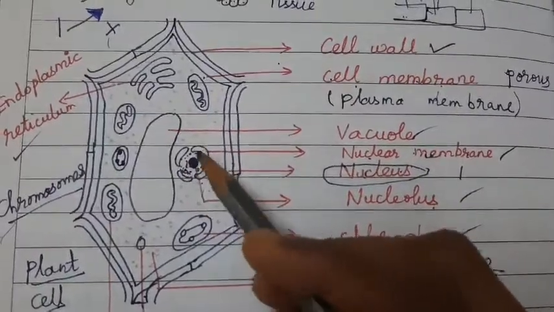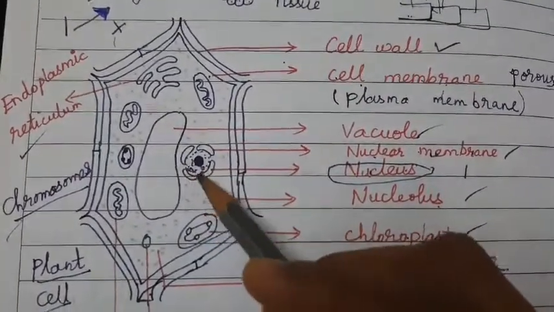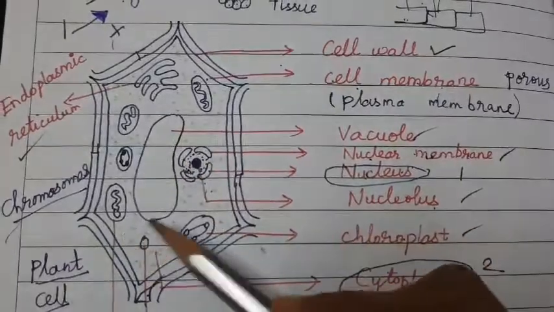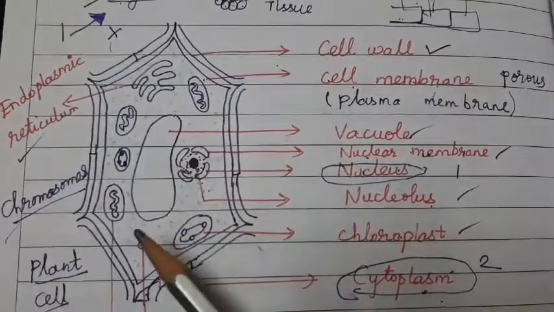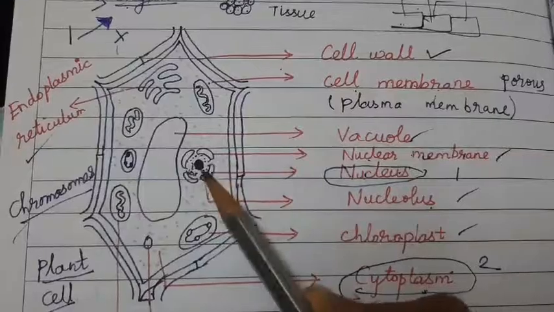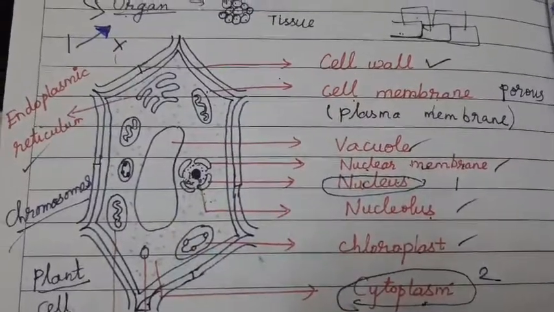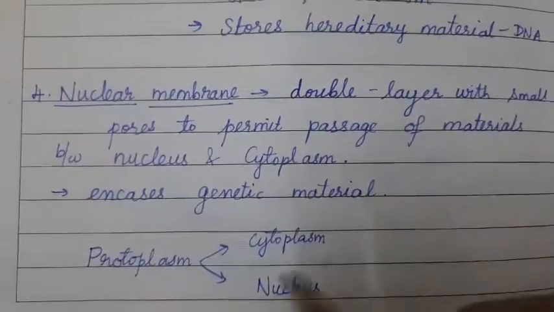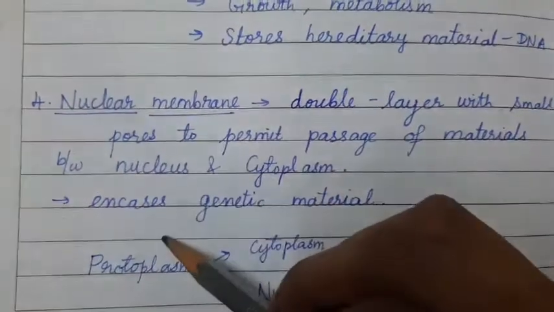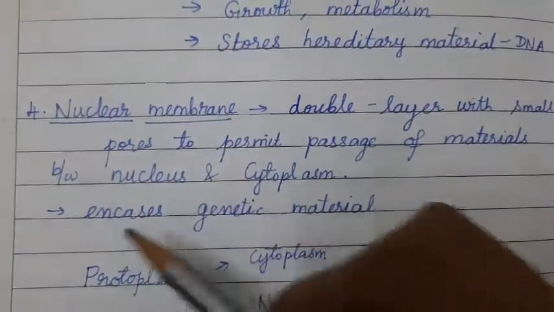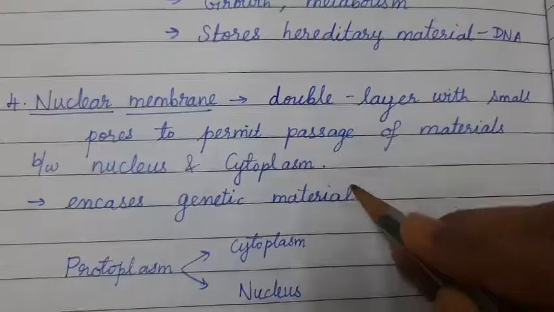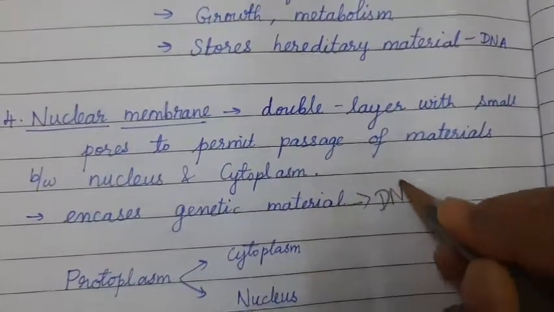Small pores means small spaces for the passage of materials between the cytoplasm and nucleus. Okay? Next, it encases genetic material, which means it stores the genetic material, that is your DNA.